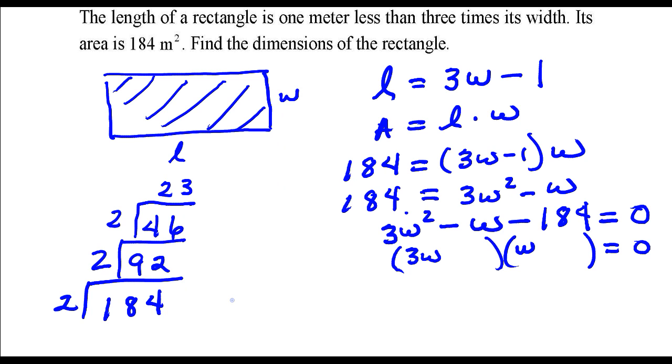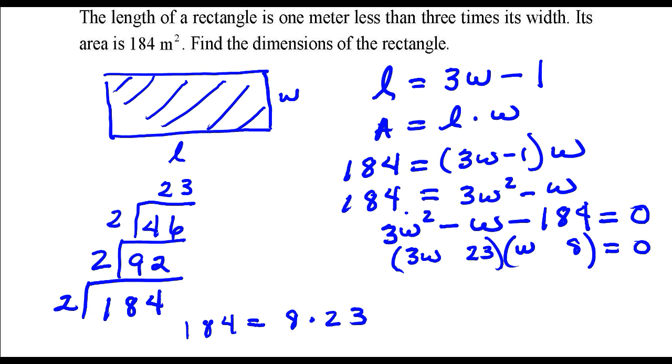Okay, so 184 is 2 times 2 times 2 times 23. 8 times 23.